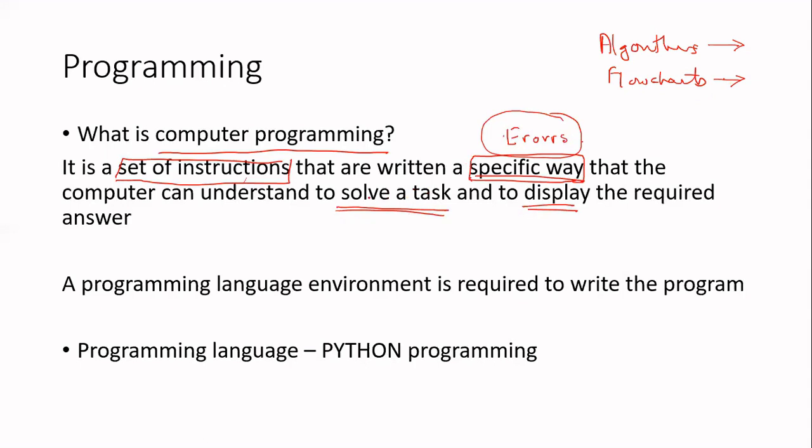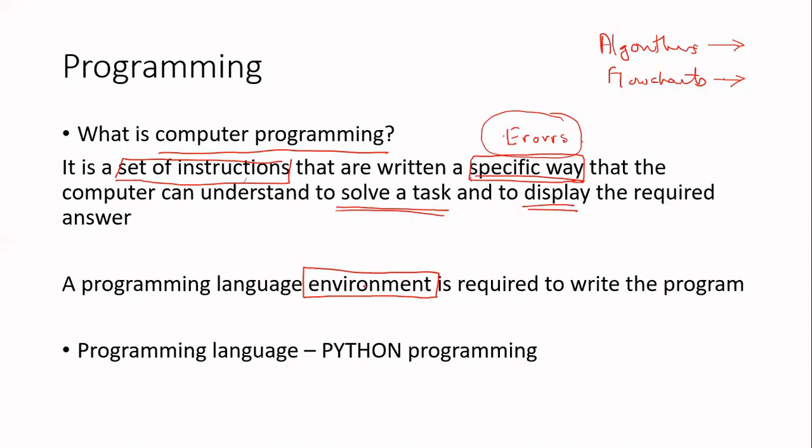Now that we have an understanding of what a computer program is, how do we go about writing the computer program? Well, the first thing is we need some type of an environment in order to write the computer program. So for any programming language, you have to have some type of an environment that allows you to write the program.